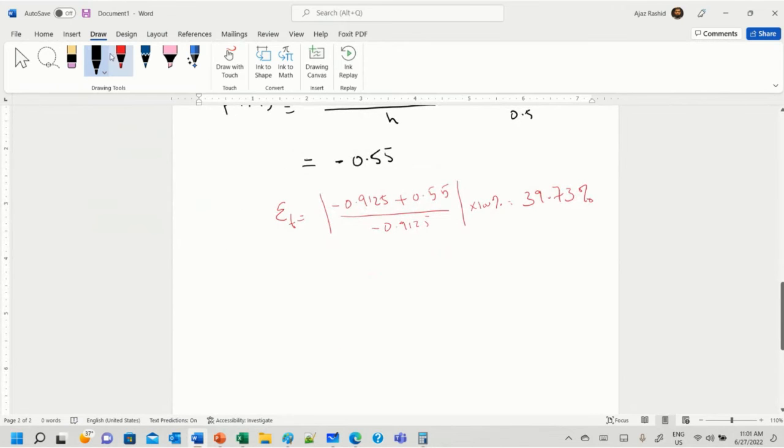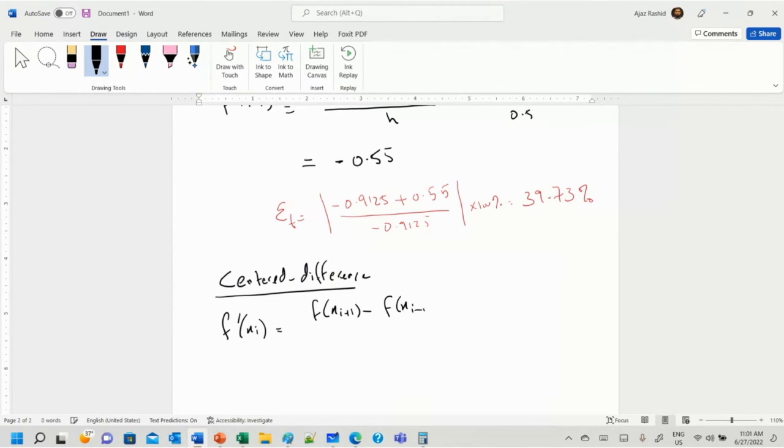Then we have the center difference, which says that the derivative at xi is the function at xi plus 1 minus the function at xi minus 1 divided by 2h. Please don't forget the 2h.